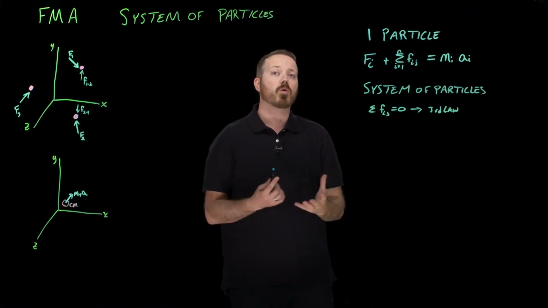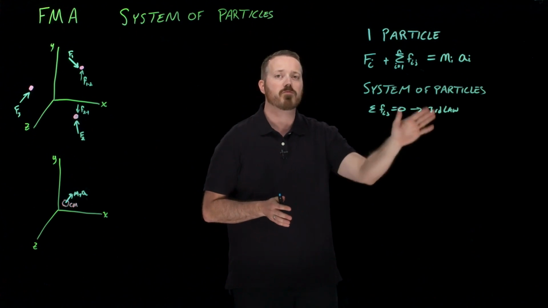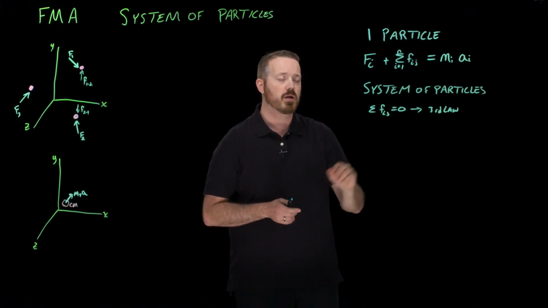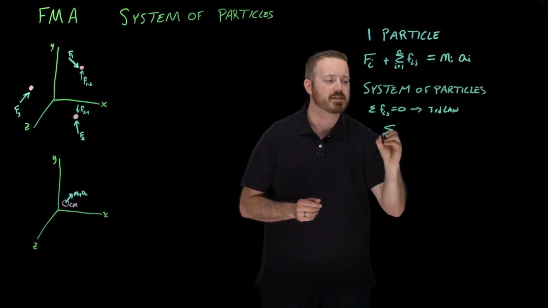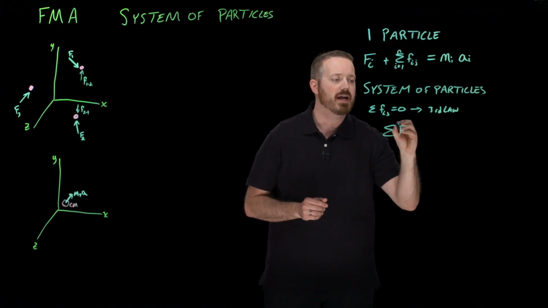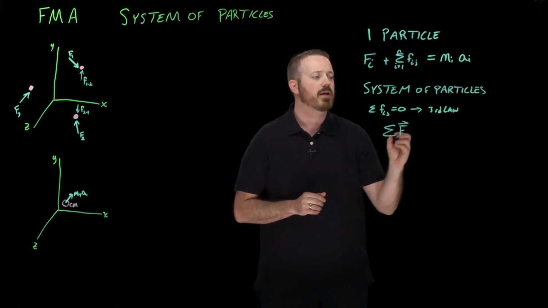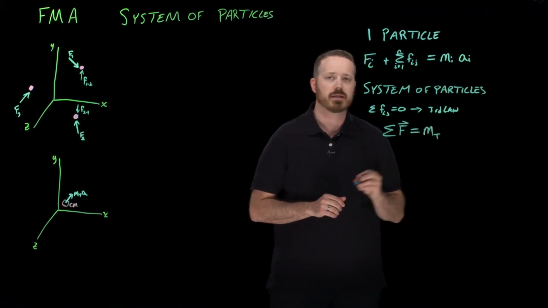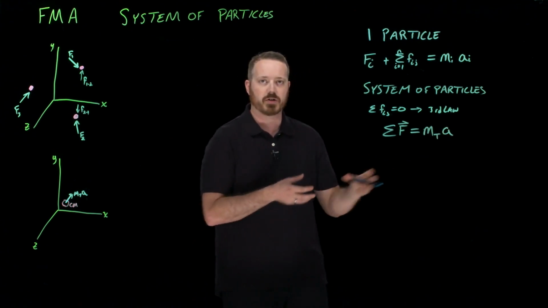However, when we look at the whole system of particles, the internal forces have no effect on its movement, because all of them will sum to 0. Instead, what we're left with is that the sum of all of the external forces, and we'll recognize that those are vectors, has to be equal to the total mass of the system times the acceleration of that system of particles.